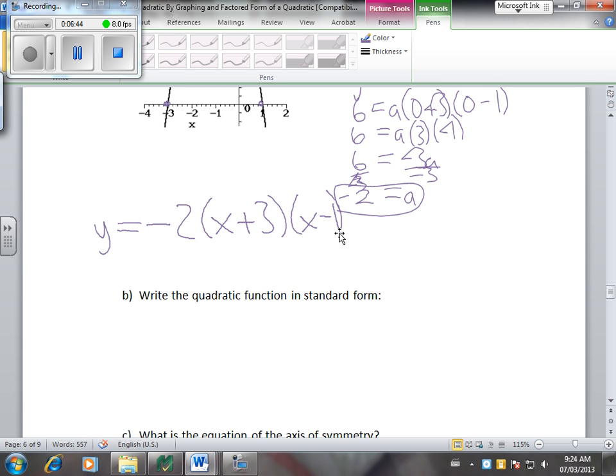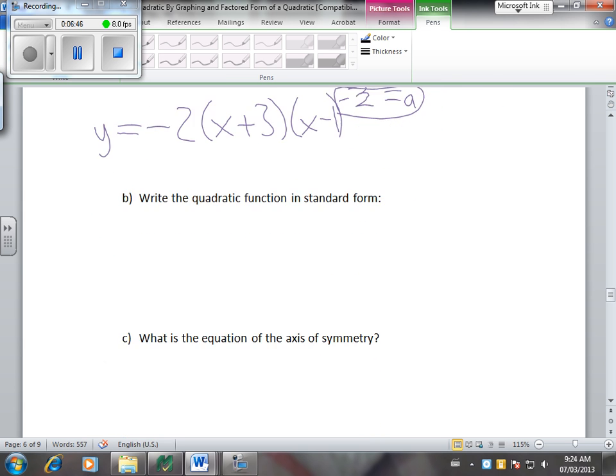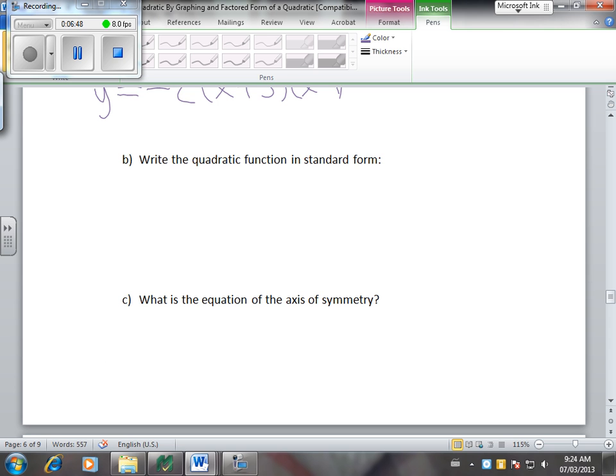Okay, so to write it in standard form, and remember that standard form will be ax squared plus bx plus c. All we have to do is expand what we have. So we have y equals negative 2 times x plus 3 times x minus 1.